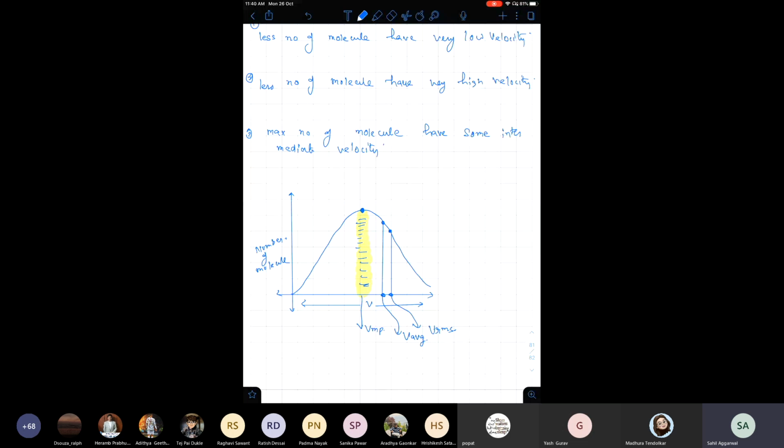So this is how we can mark all the three in this curve. Understood?